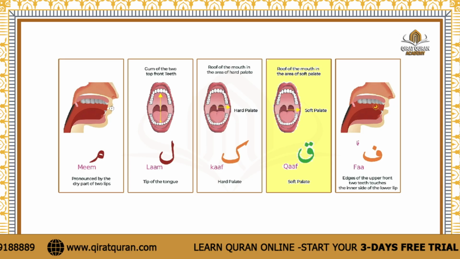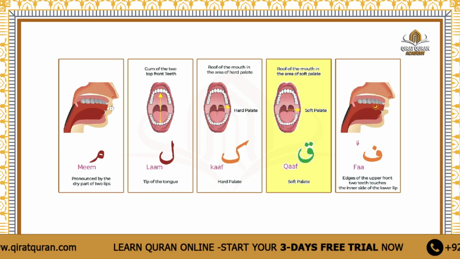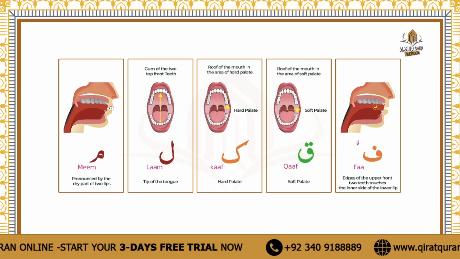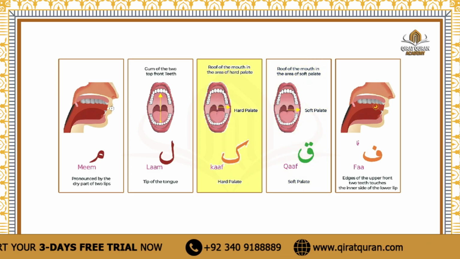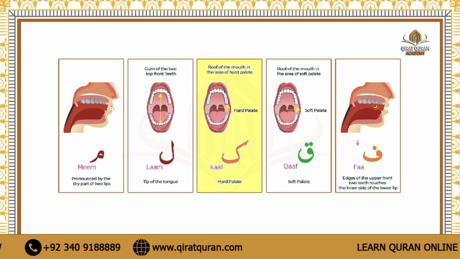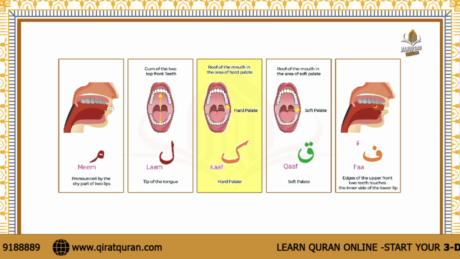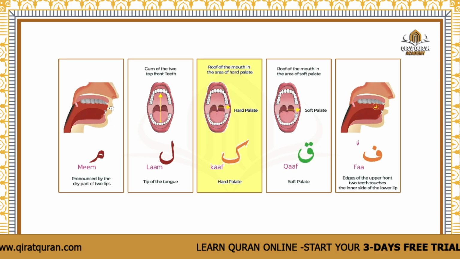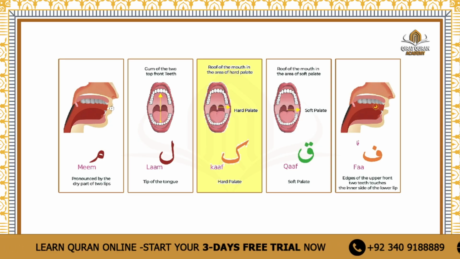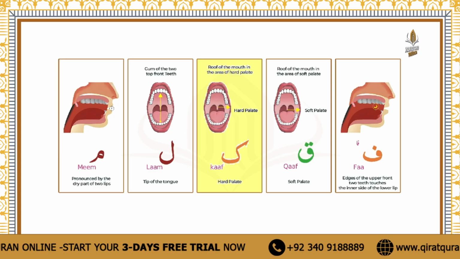This is the soft palate. We have to use it for reading qaf with a bold voice. And then for kaf, we have to use the hard palate, the hard part of the roof of the mouth. This is the origin of letter kaf with a soft voice.